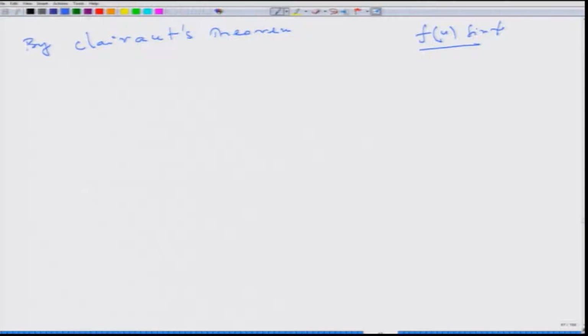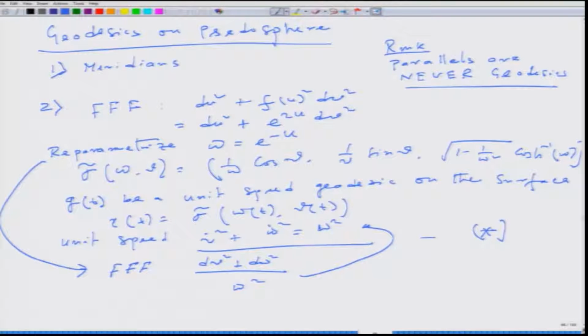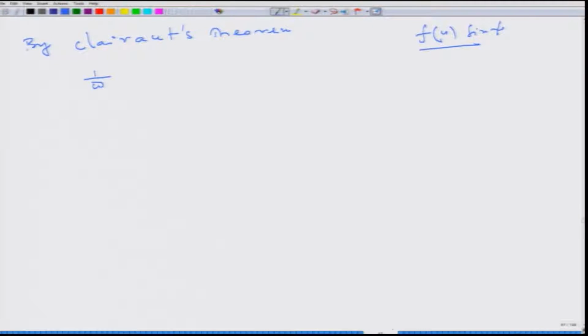Now the distance is 1 by w, because I have put w equal to e power minus u. So, 1 by w sin psi equal to 1 by w angular momentum v dot, that must be constant.